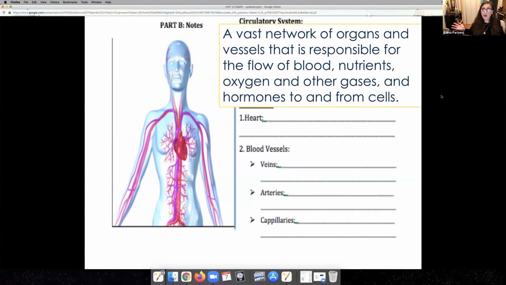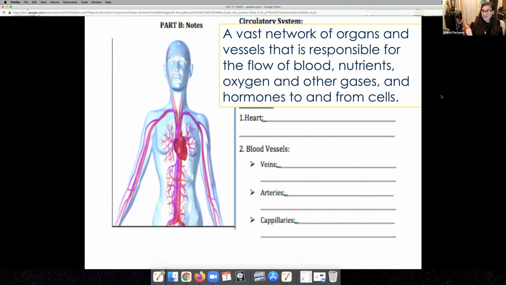So that's a mouthful, but the circulatory system brings nutrients, oxygen, and other gases and hormones. It transports everything that needs to be transported throughout our bodies, and including taking away wastes.